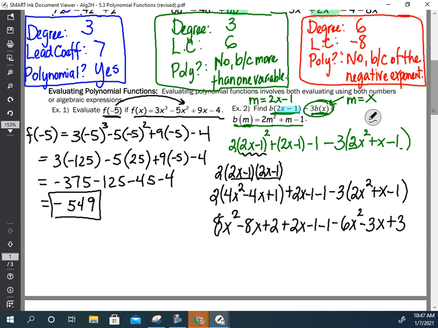Then all that's left is to combine like terms. 8x squared minus 6x squared is 2x squared.